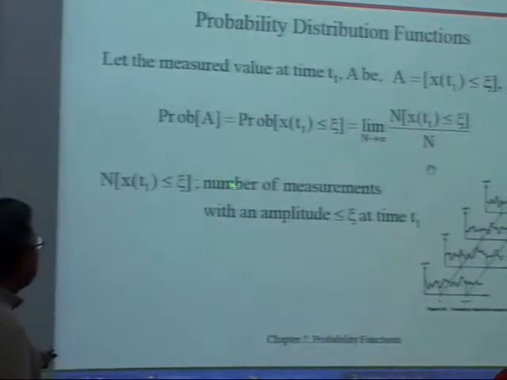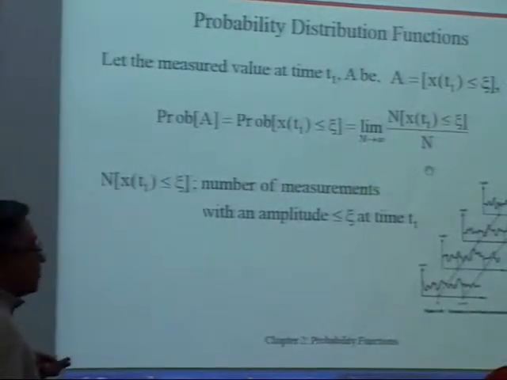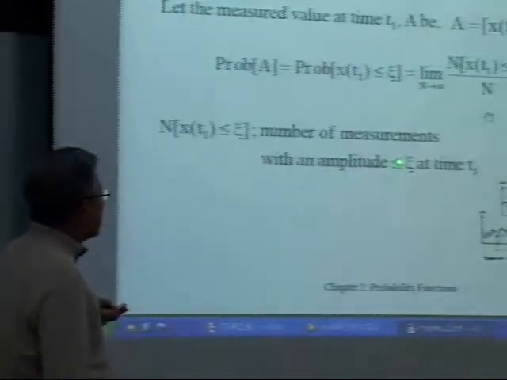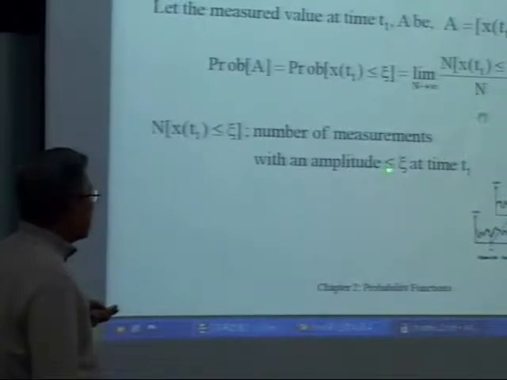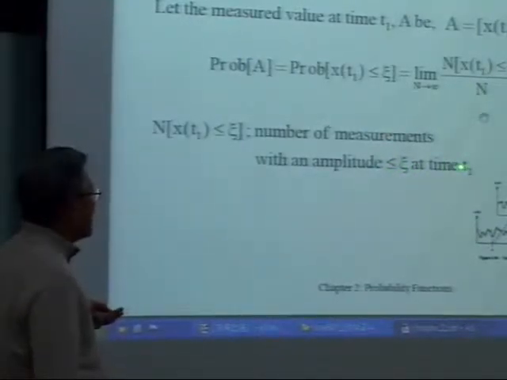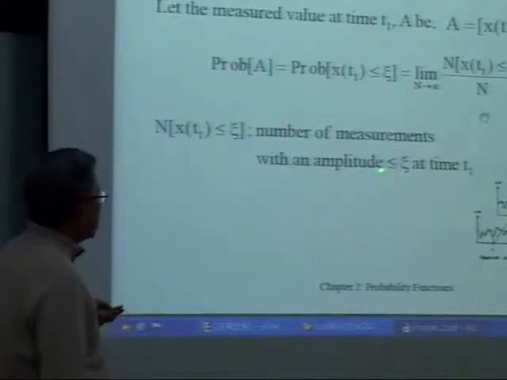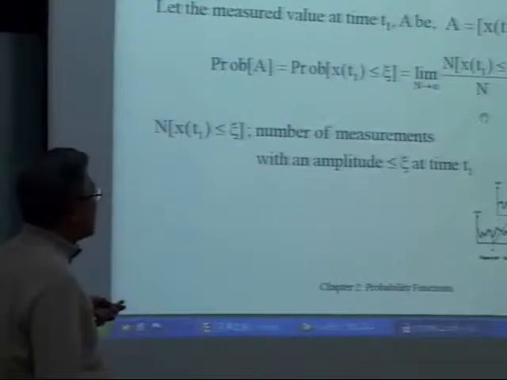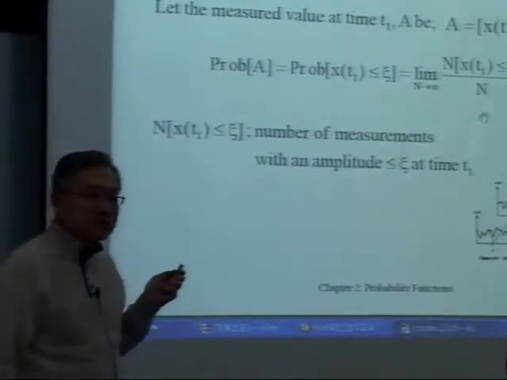So here is the number of measurements or experiments with amplitude less than or equal to chi at time t1. This is the probability that event A occurs. Question?